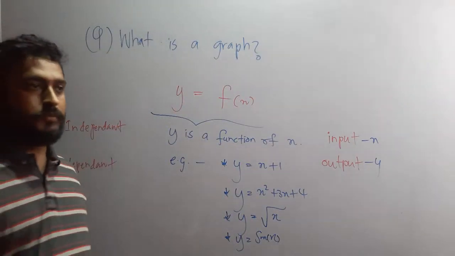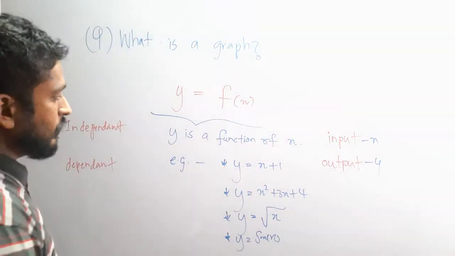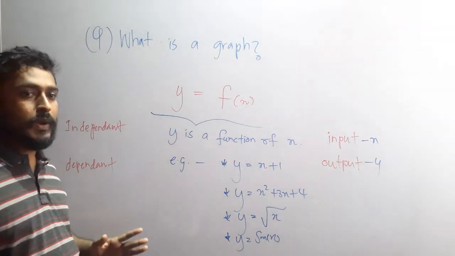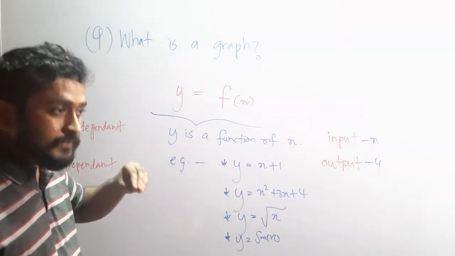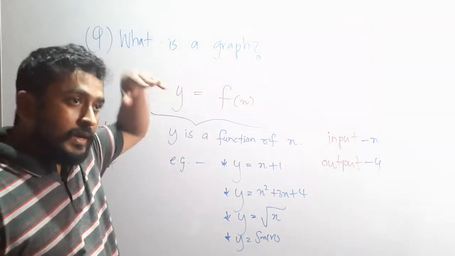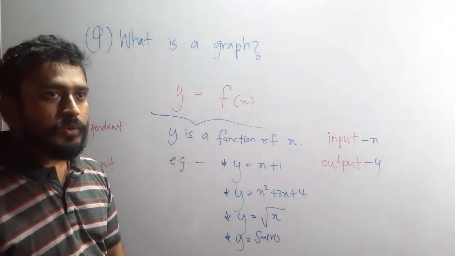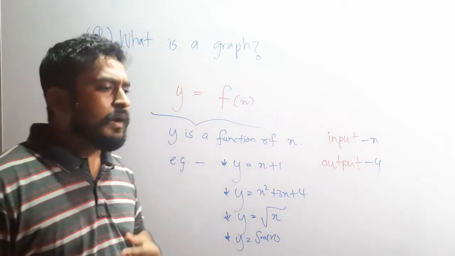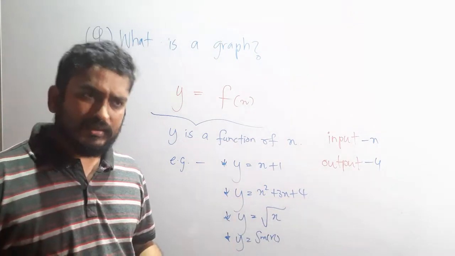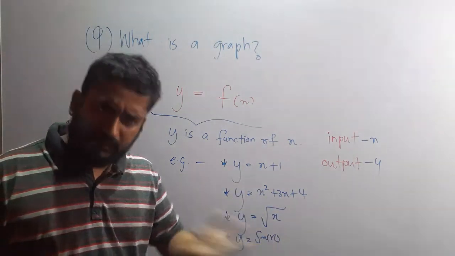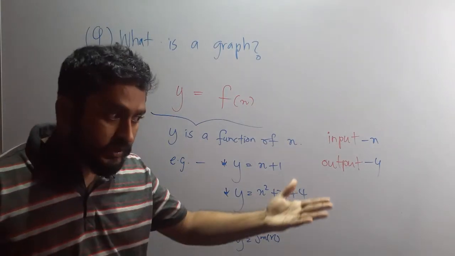Actually, to draw or plot a graph, we are giving values for x, and according to those x values, y will be drawn. So you think, we are giving the values for x, so x is also dependent on our values.